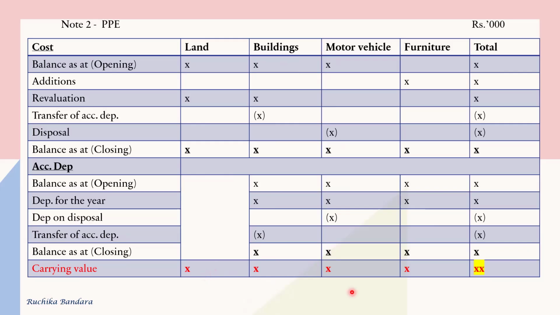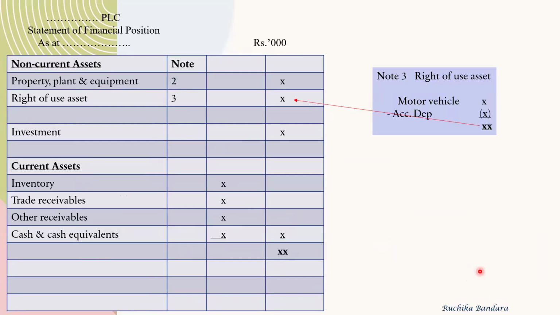When you add it up horizontally, you get the total carrying value amount. So this is the amount that you are transferring to your statement of financial position as the property, plant, and equipment, the ultimate value. So here, remember, we don't write under property, plant, and equipment all the non-current assets, just like our sole proprietorship sum. So just a summarized format is here.